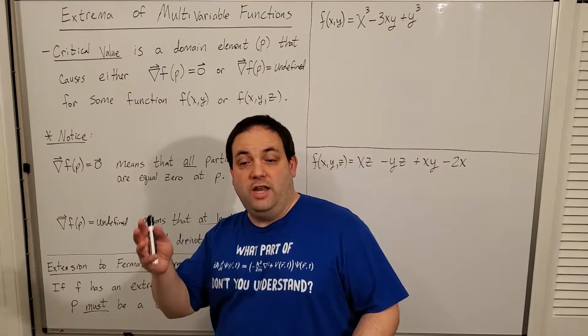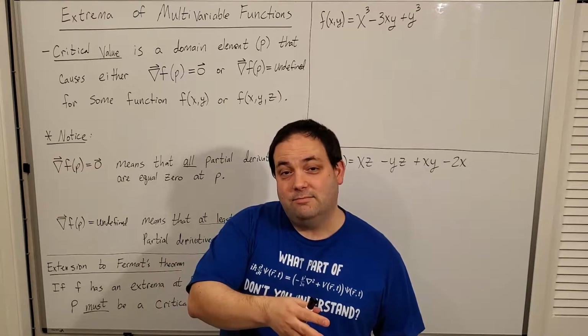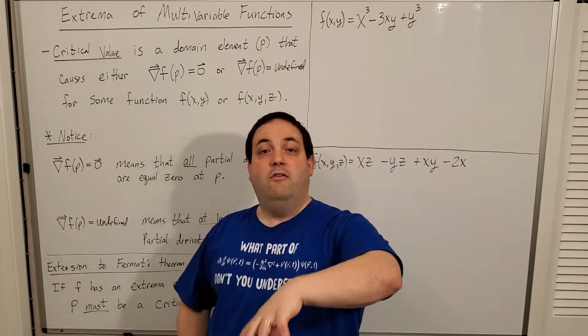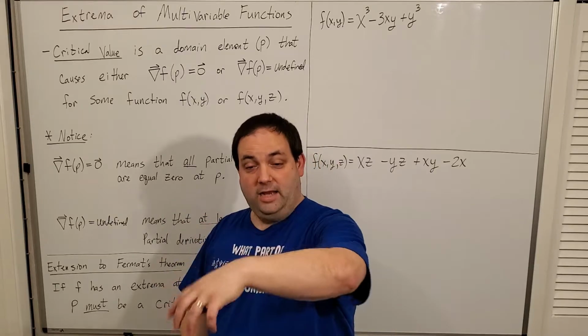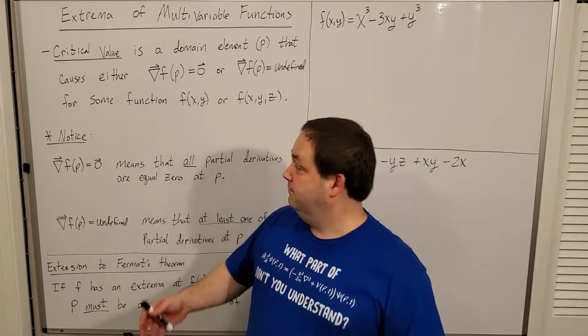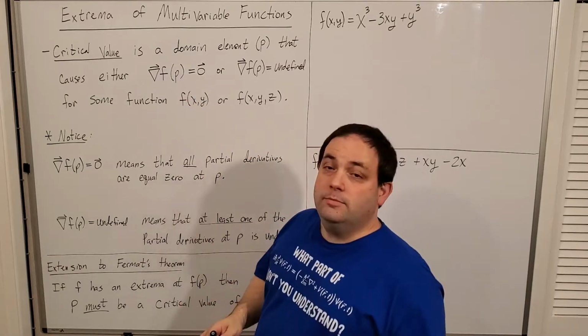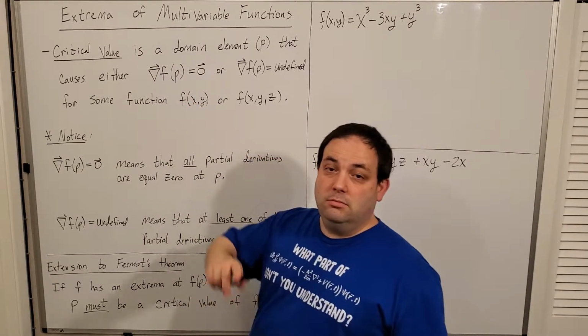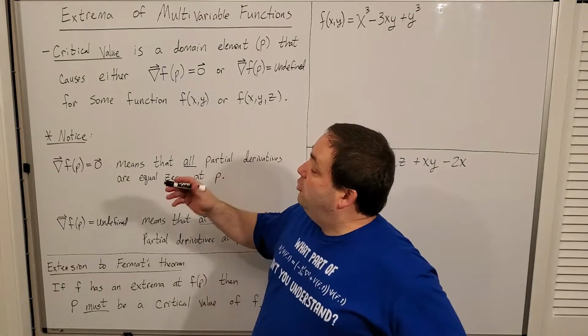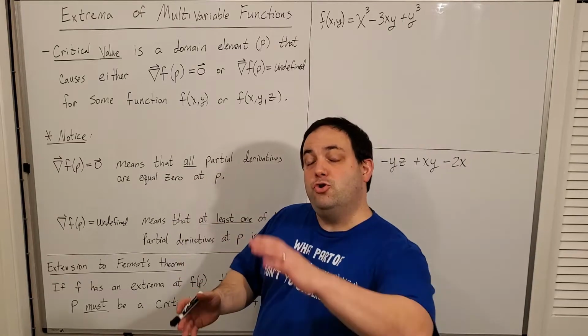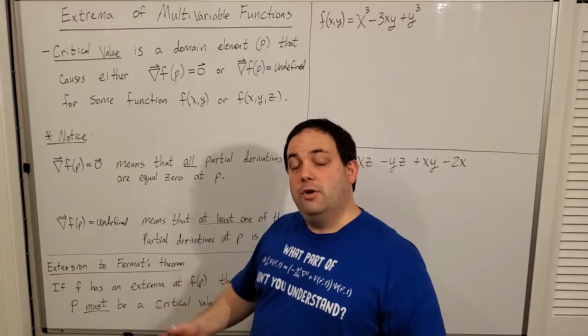Or if you have a function f of x y z, then it would be a point from 3-space, an x, y, and z coordinate point, okay? No matter what, it's the same definition as back in Calc 1. A critical value is anywhere you should expect your derivatives to be 0 or undefined.